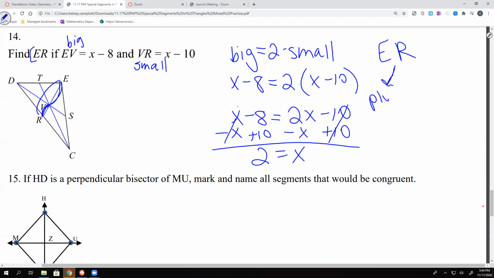You can plug in to EV and VR and then add them. Or you could do 3 times your small one, so 3 times VR. All right, so you just plug in. And you plug into VR and you multiply by 3.